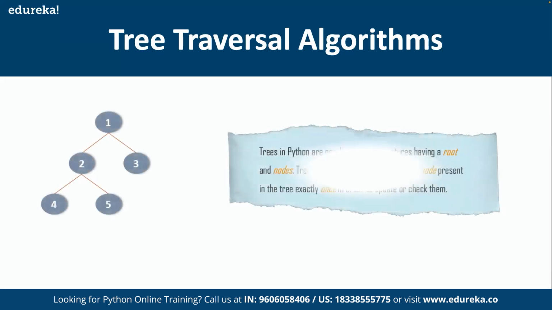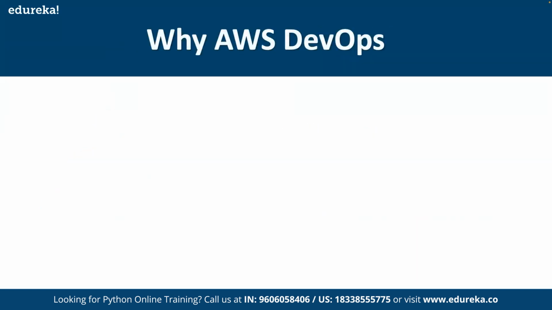Trees in Python are non-linear data structures. They have a root and they also have nodes. Tree traversal refers to visiting each node present in the tree exactly once in order to update or check them. So that's the overall idea about the tree traversal algorithm.